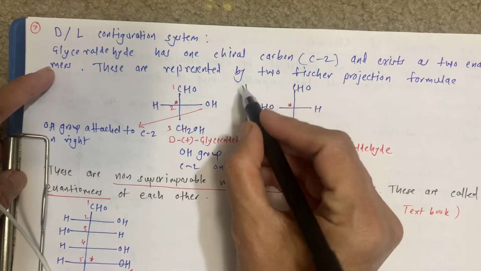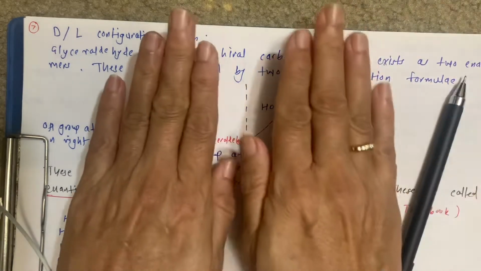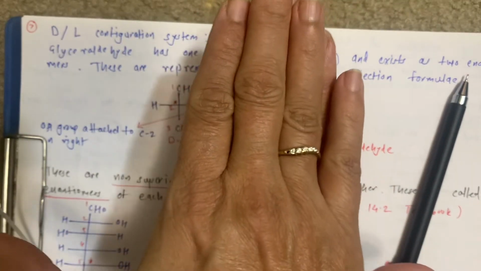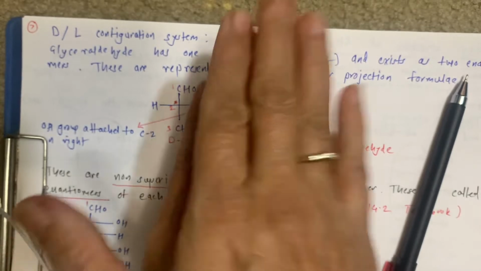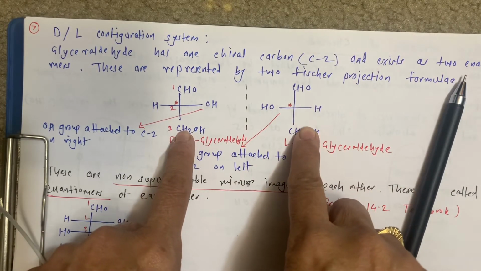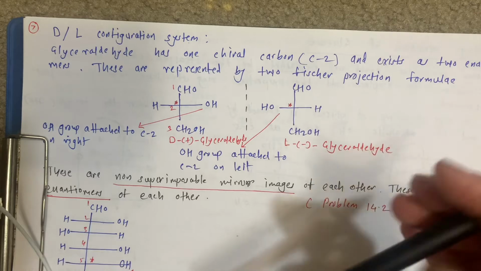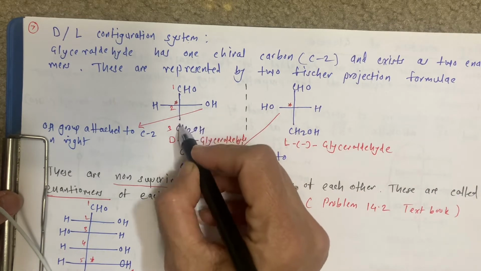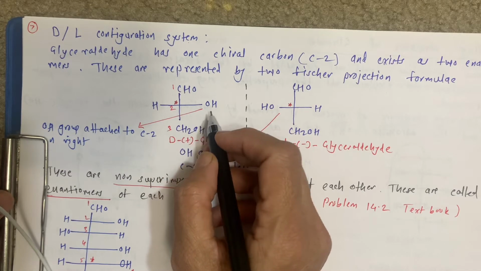We know that these enantiomers are non-superimposable mirror images, so they are optically active, and we represent them by Fischer projection, as I explained before, just horizontal and vertical lines.